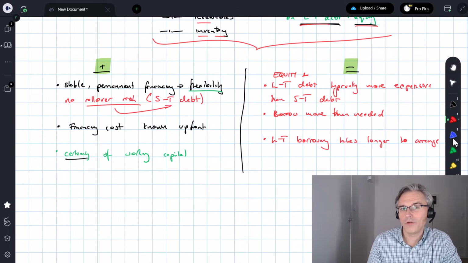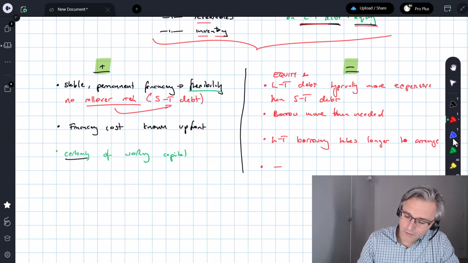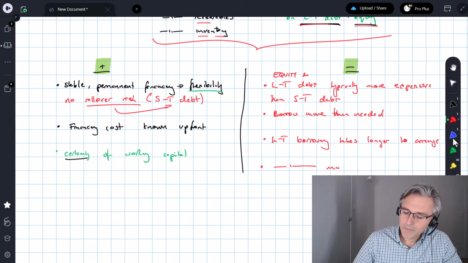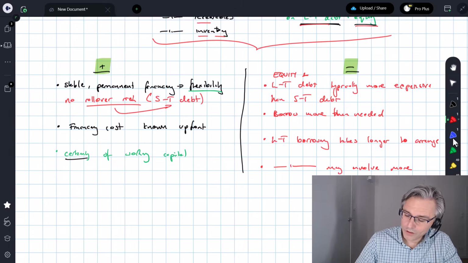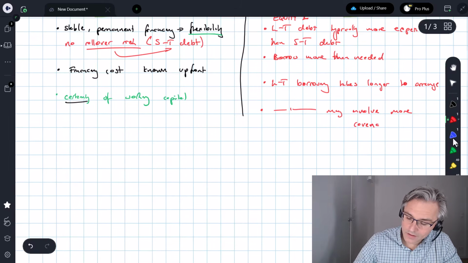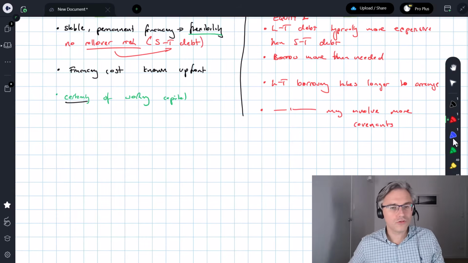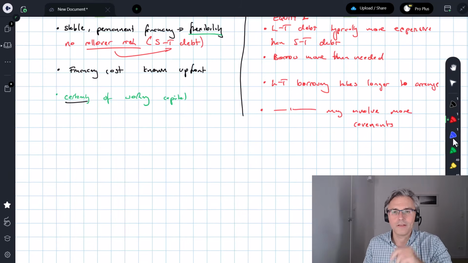Short-term borrowing is definitely quicker, but also if you borrow long-term, it may definitely involve more covenants, more restrictions on the company's actions, on the way it behaves, etc. If you borrow short term, that typically doesn't come with so many constraints. Longer-term borrowing definitely does.